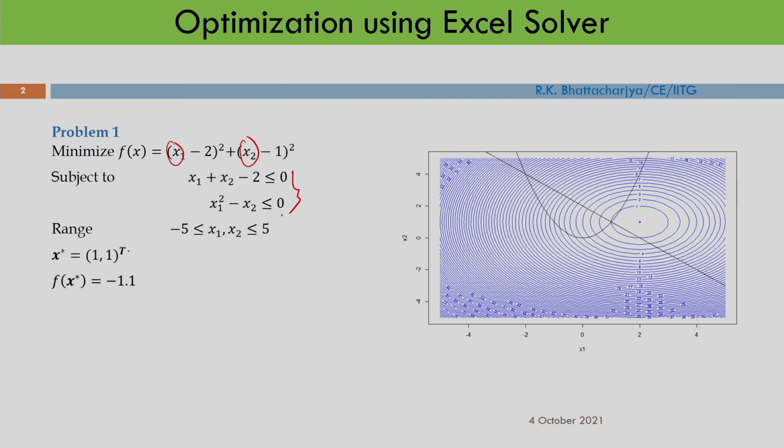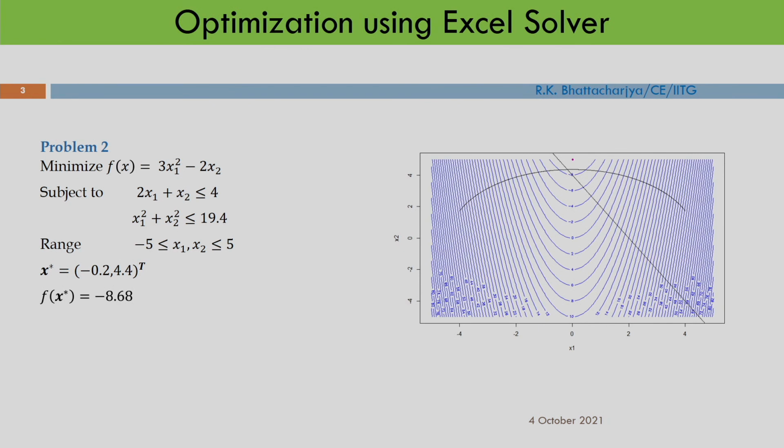So the solution is 1 1 and I should get the optimal function value as minus 1.1. This problem we have already solved using R software. So you can see that this is the constraint solution of this particular problem, and I should also get this particular solution when I am solving this problem using Excel.